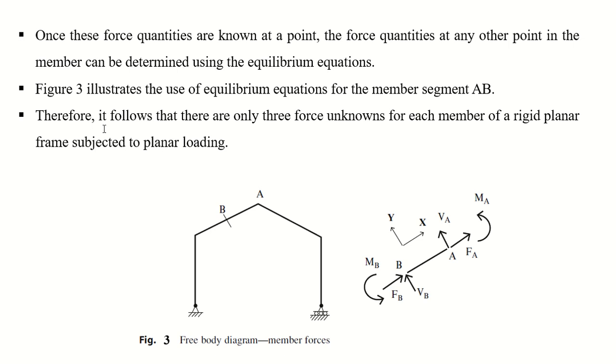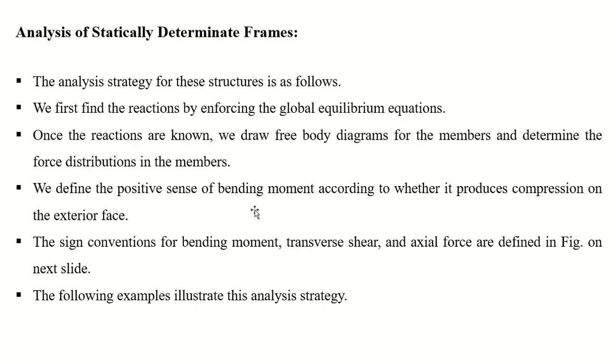Therefore it follows that there are only three force unknowns for each member of a rigid planar frame subjected to planar loading. So for each member, for example member AB, member BC, or AD or DE, whatever you name them, if you find the three unknown forces for each member, then you can analyze the whole frame.